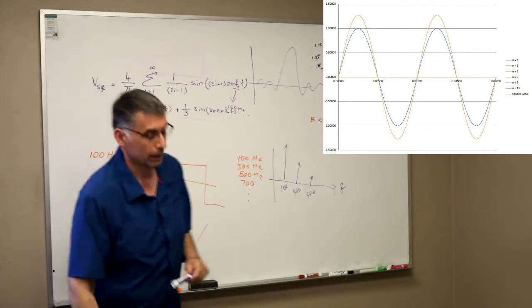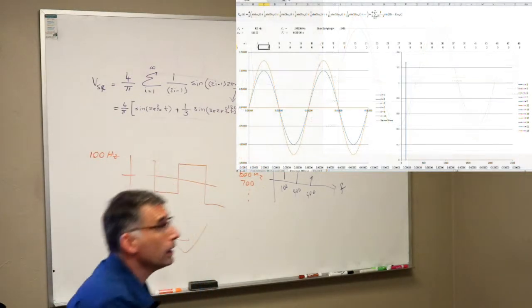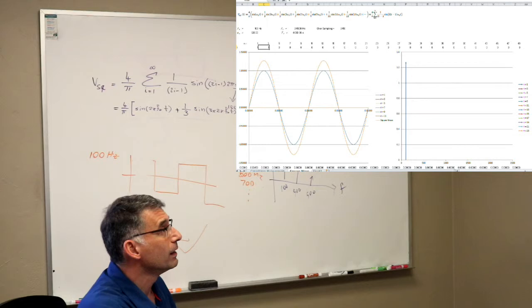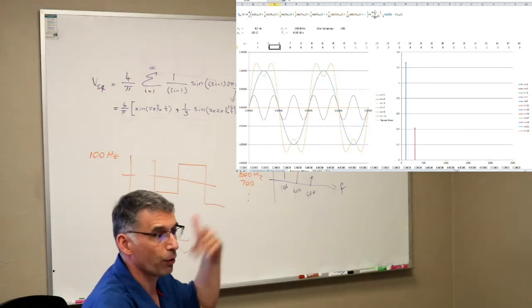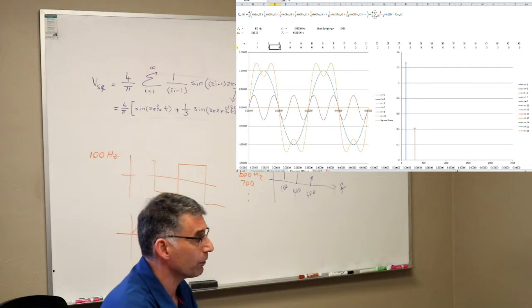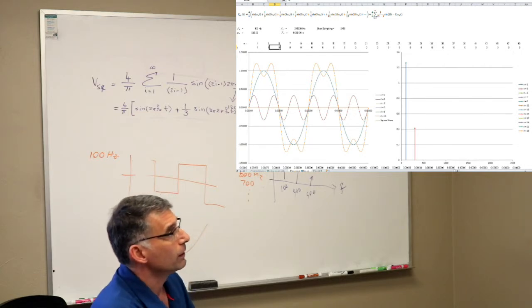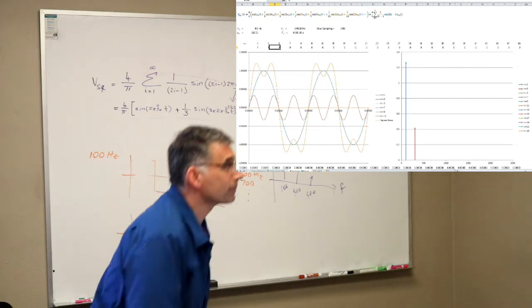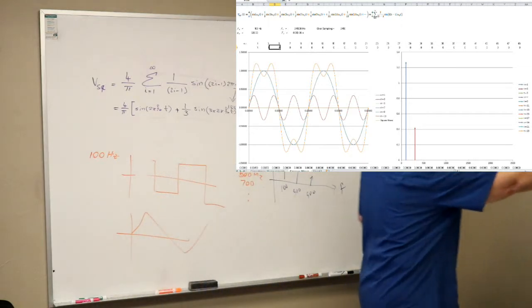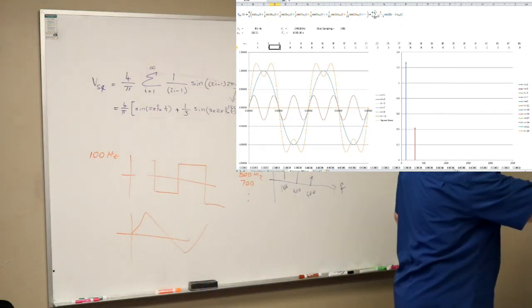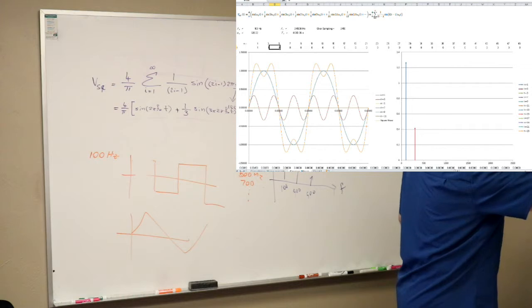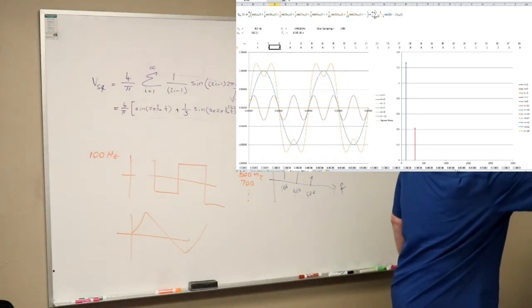Here, I'm going to add that second one, which is going to give the 3 times the fundamental frequency. So if I put a 1 here, see now, you just added those two frequencies together. This is the fundamental one. This is the one with 3 times the frequency. When they get added, you get that.